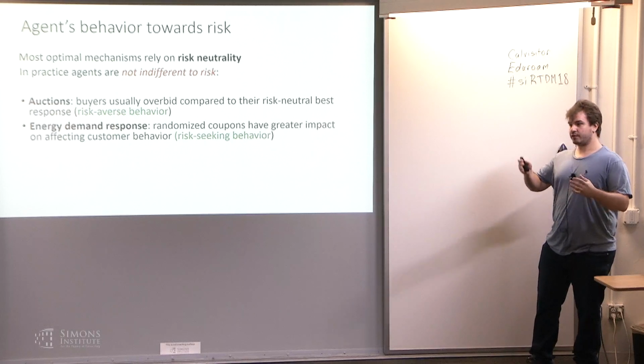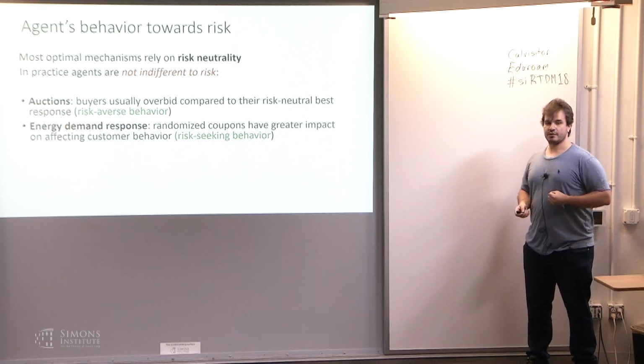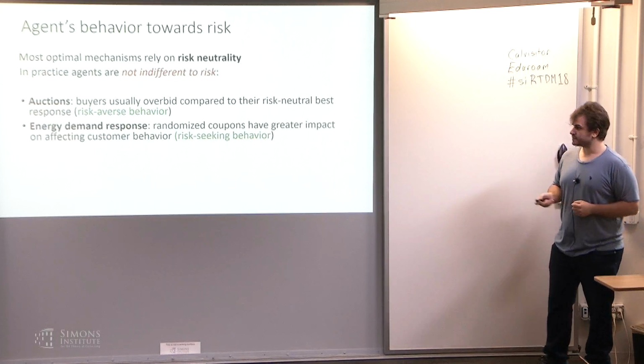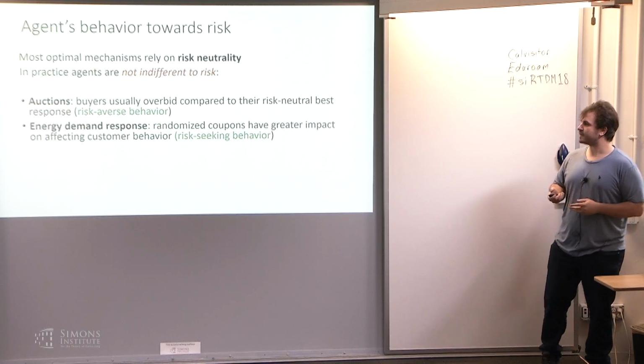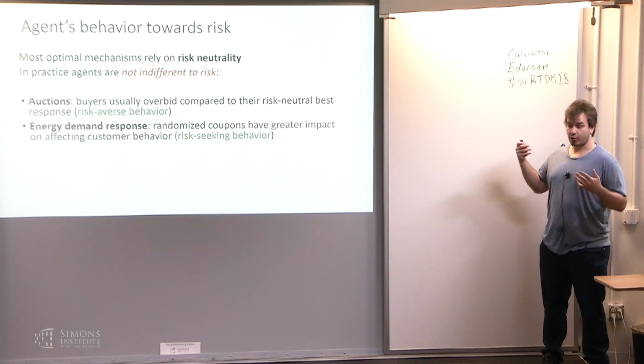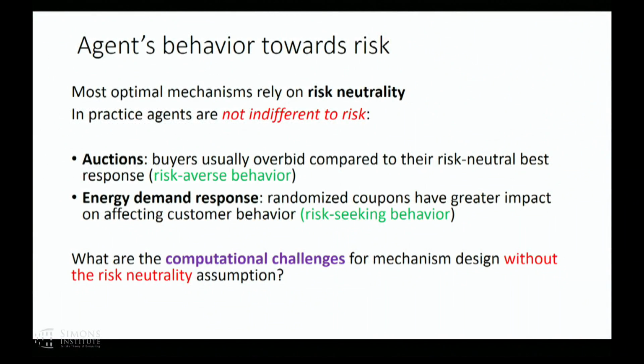Or, if you want to fix the type of response you want, you can do it in a cheaper way if you use some sort of lotteries. So both these examples motivate the study of mechanisms and the computational aspect of mechanisms when there is no risk neutrality, when we have either risk-averse or risk-seeking behavior.